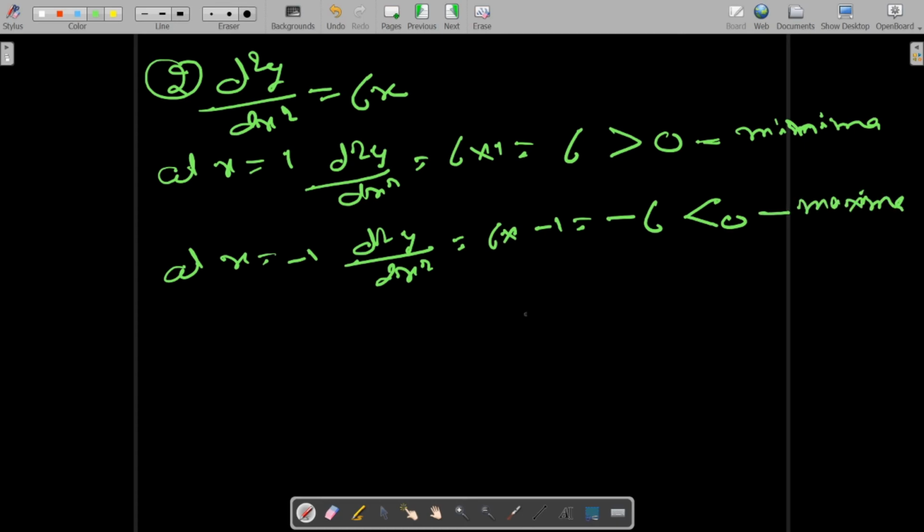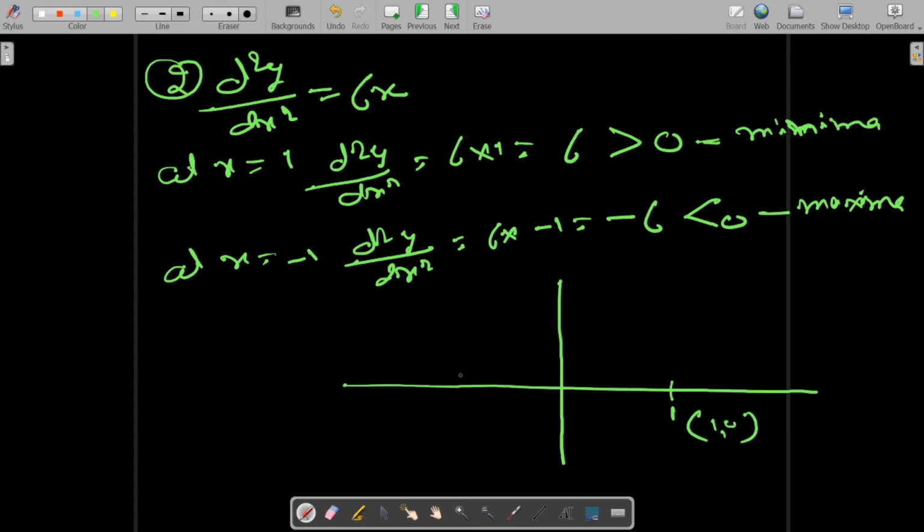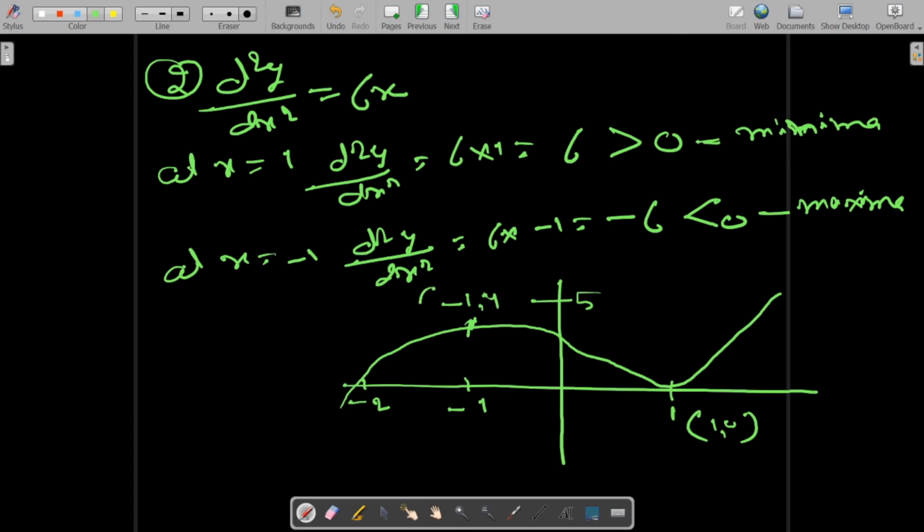If you see the graph of this equation, here we have the point 1, 0, and then here minus 1 and minus 2. This is the maximum point, minus 1 and 4, and here it is taking the minimum.